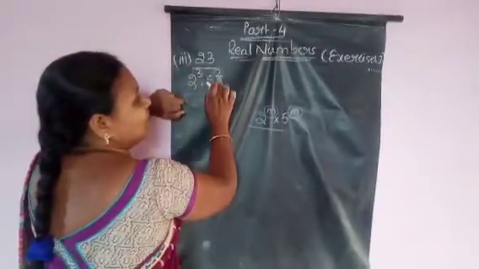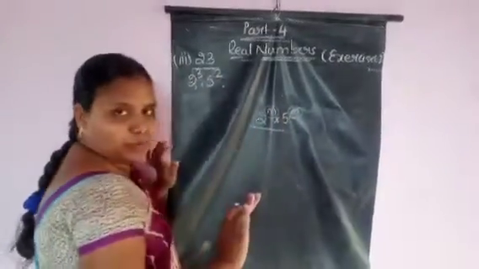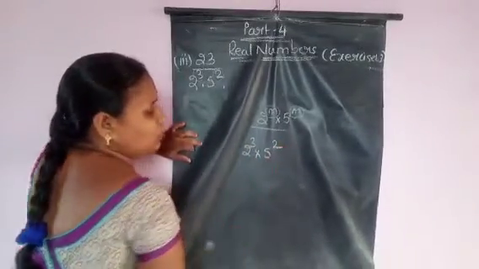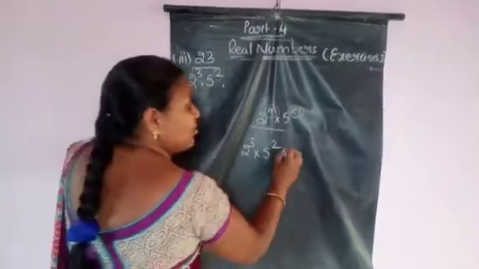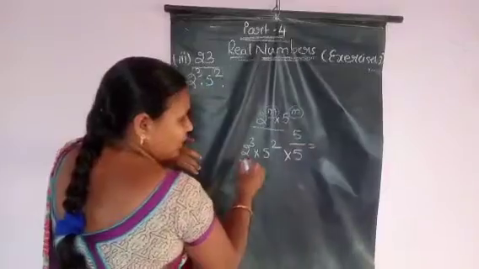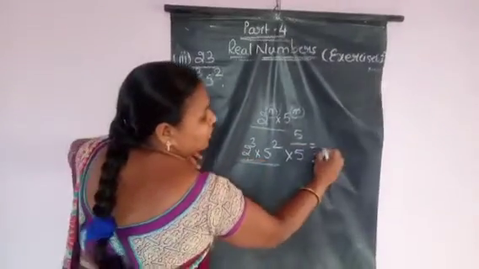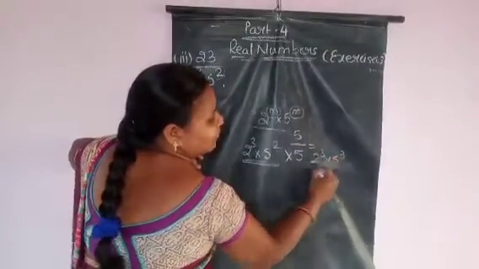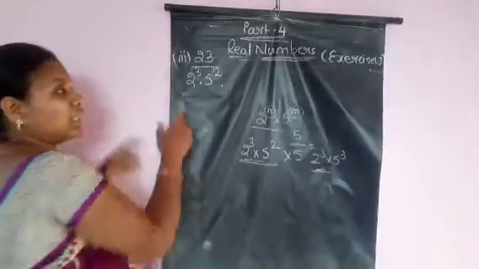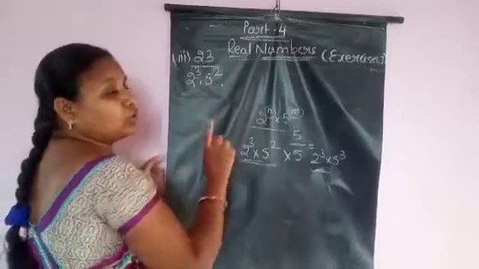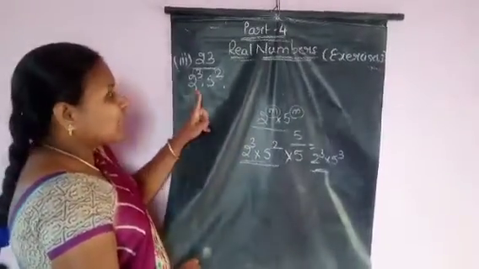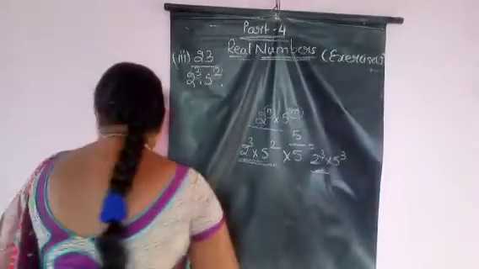But here it is 2 to the power 3 into 5 to the power of 2. If I multiply the numerator and denominator by 5, it becomes 2 to the power of 3 into 5 to the power of 3. Is it clear? We need the denominator with 2 to the power into 5 to the power. The given is of that form only.